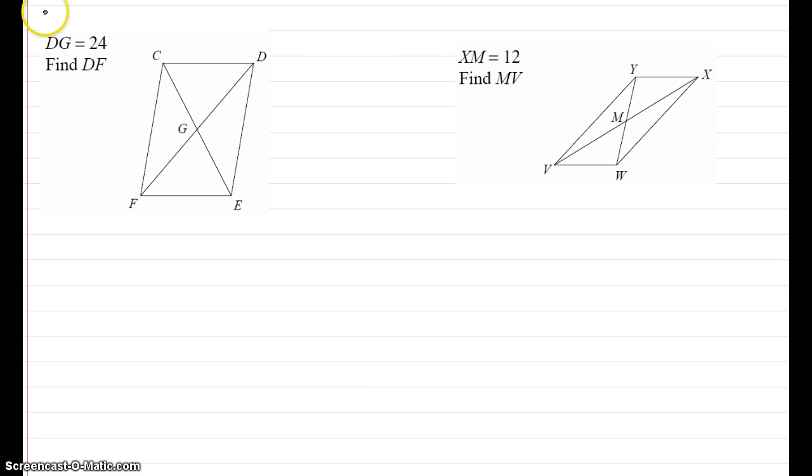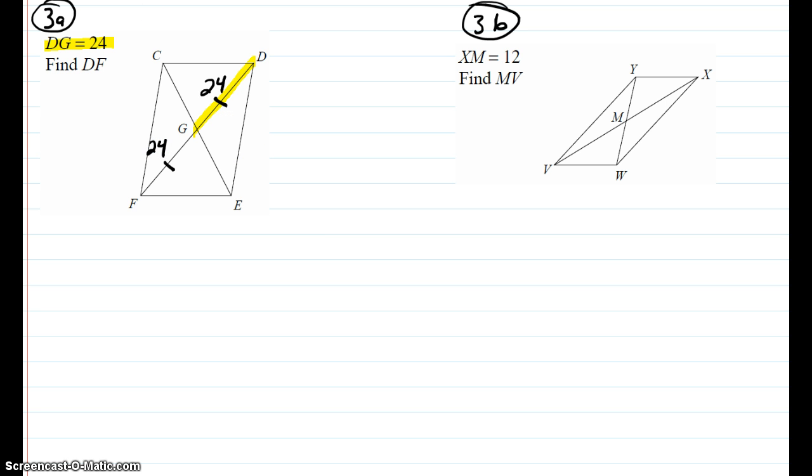The last example we're going to look at is going to be 3A and 3B. I'll do A, you do B. It says DG is 24. So from D until G is 24. We learned that they cut each other in half, so these are equal. That means if this is 24, this piece here is also 24.